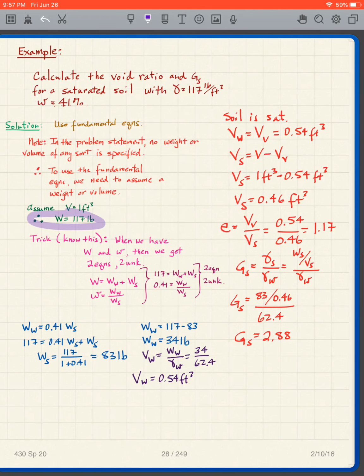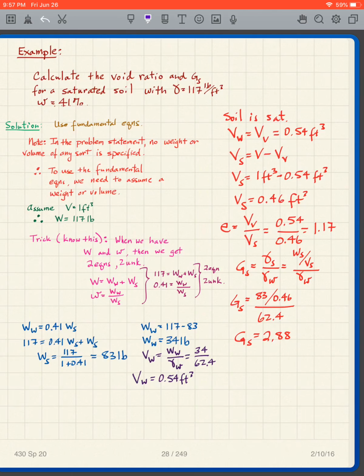Now, I'm going to show you a little trick here, and this is what you need to know. When we have capital W and small w, in other words, we have the weight and we have the water content, then we get 2 equations, 2 unknowns. How does that work?